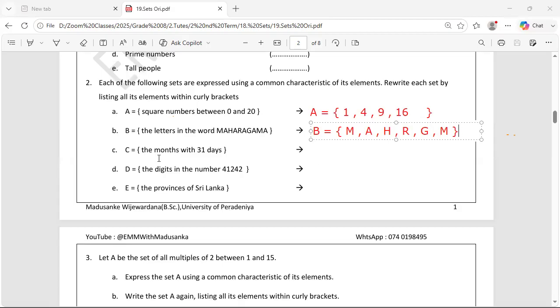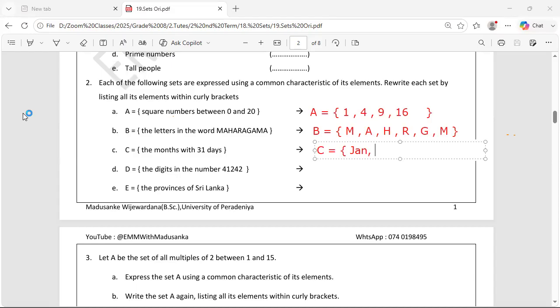The months with 31 days. So see, first things first, open curly bracket. January is a month, right? I will try again. Maharagama, you have to write M twice. Yes, excellent.